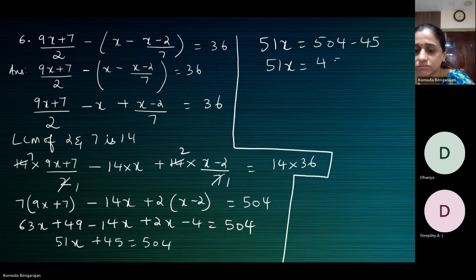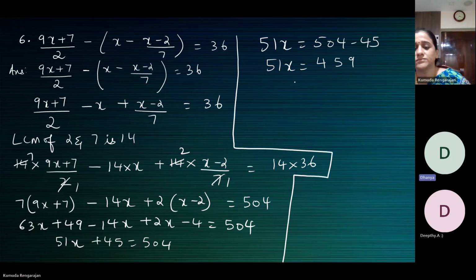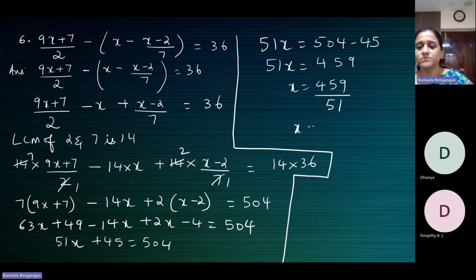Who's that? Danya or Deepthi? Ma'am, Deepthi. Okay. 459. Next, x is equal to? 459 divided by 51. What's the answer? How many times? Ma'am, 9.